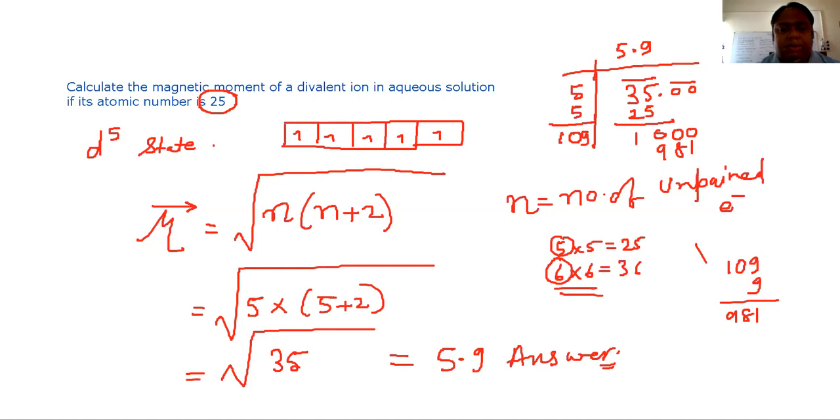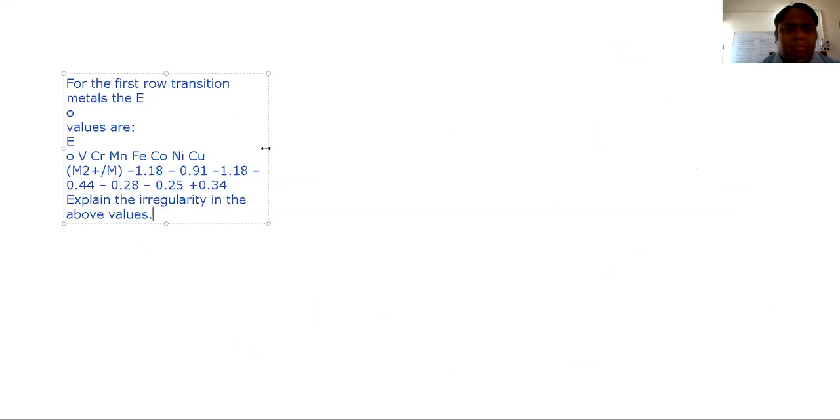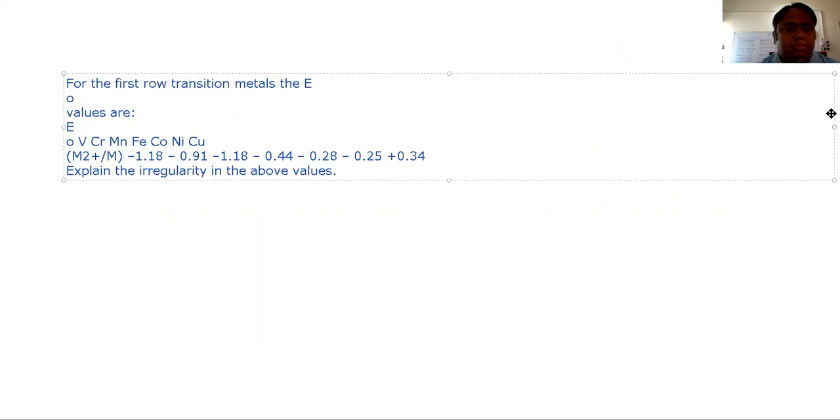Okay, let us copy this question. So we will take the values in a respective manner because there is a displacement. It has to be like this.